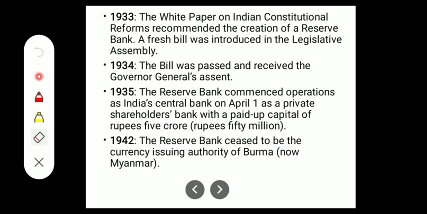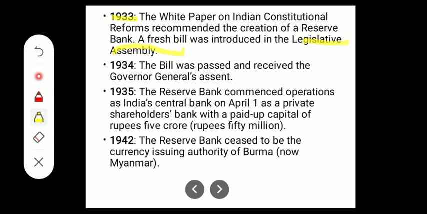Okay. Then in 1933, the white paper on the Indian constitutional reforms recommended the creation of the Reserve Bank. A fresh bill was introduced in the Legislative Assembly.